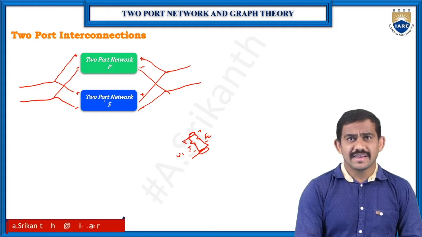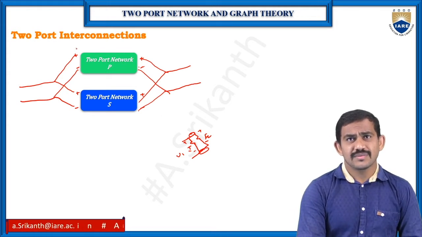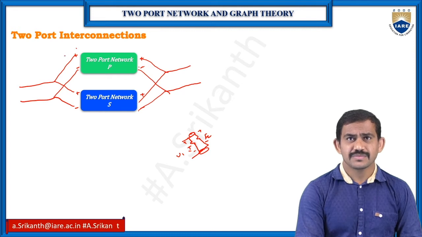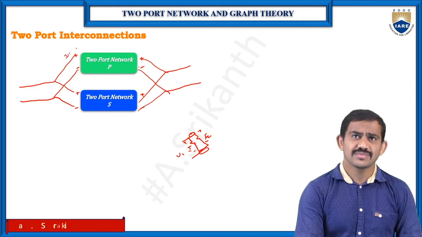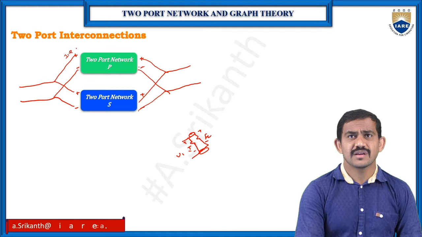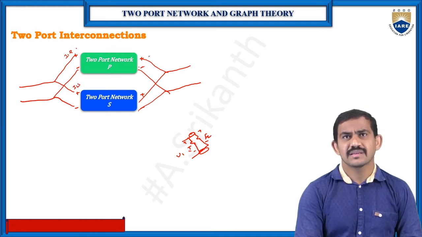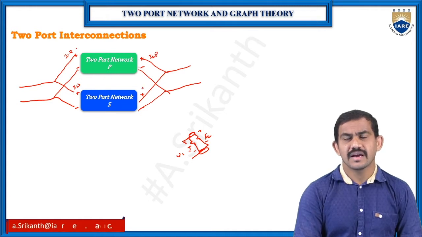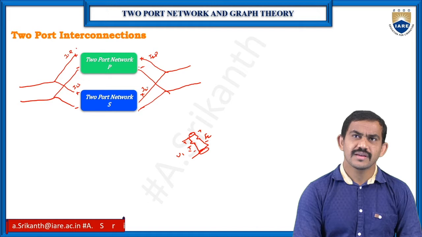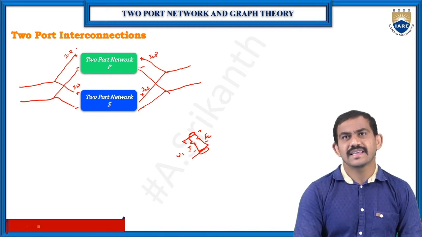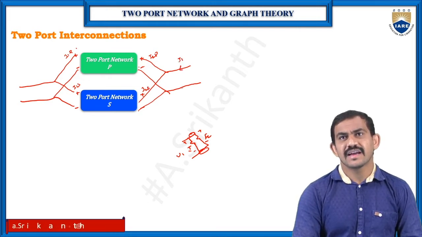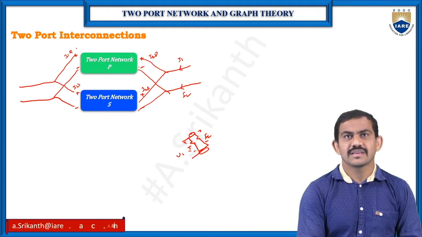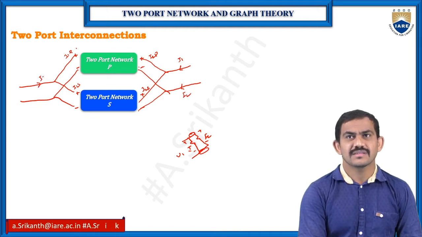Okay, and here which currents do we have? I1 of P, and here I1 of S, I2 of P, and I2 of S. Here we have the I1 current, and here we have the I2 current.